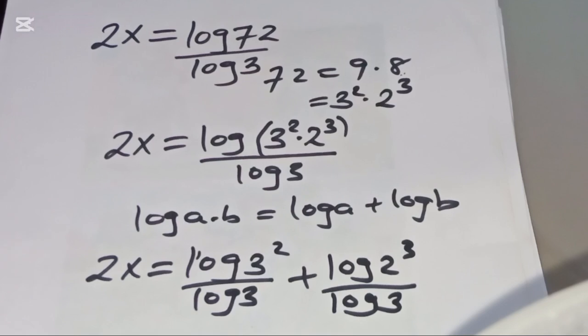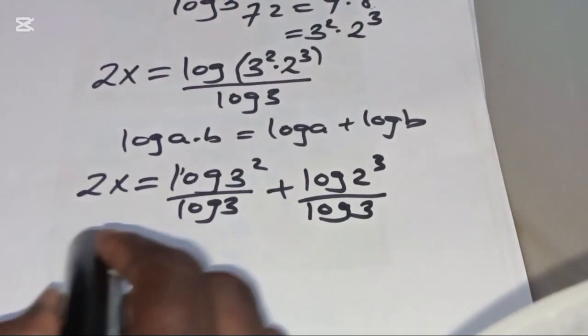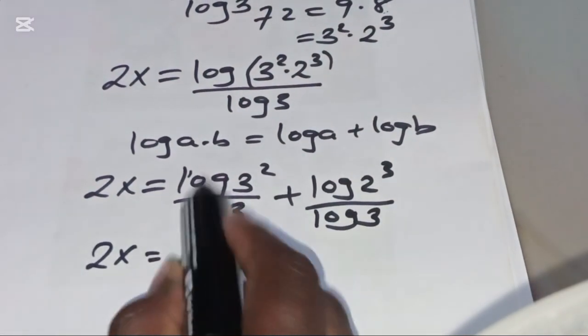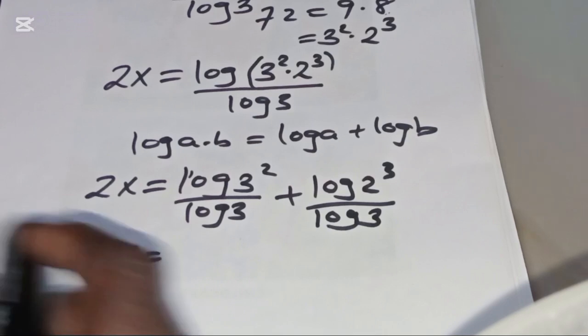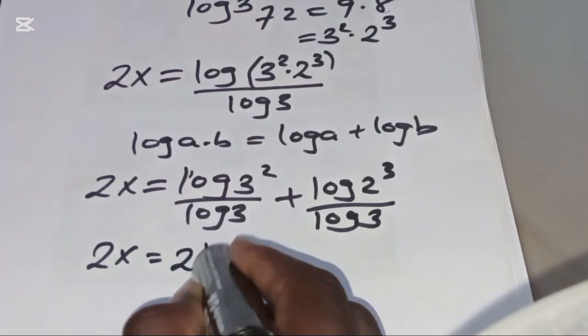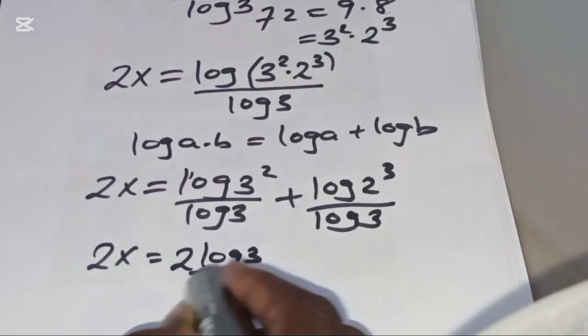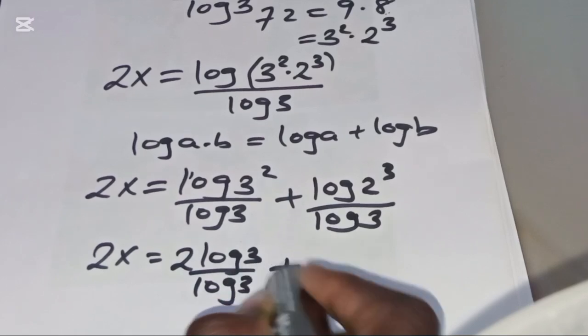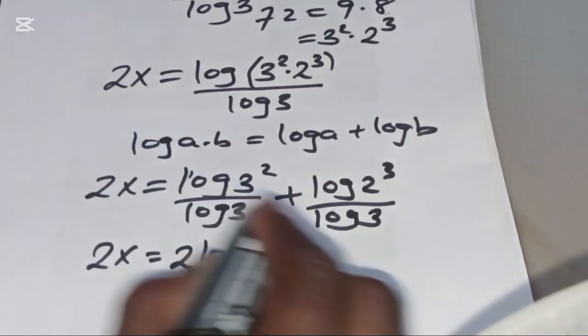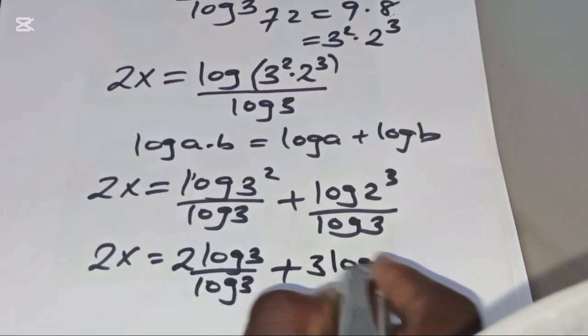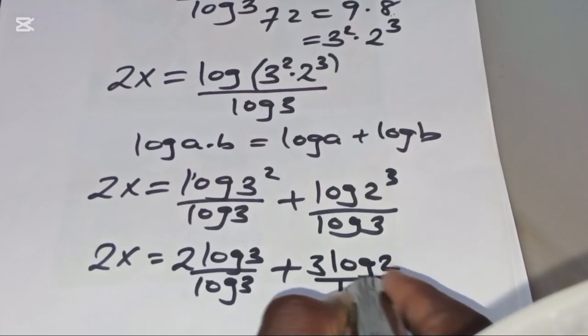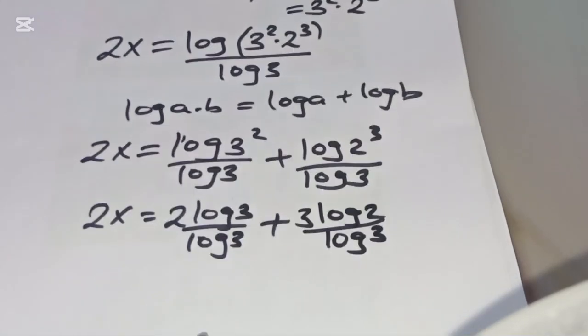Okay, now let's proceed further. We'll have 2x equal to log 3 to the power 2, applying the power rule property, this becomes 2 log 3 divided by log 3, plus log 2 to the power 3, which becomes 3 log 2 divided by log 3. So let's simplify here.